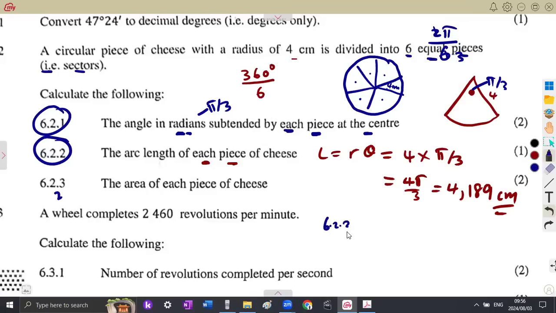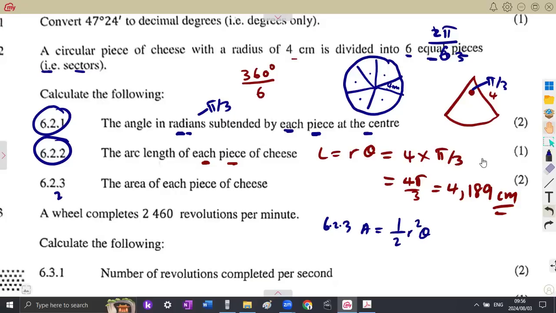6.23, the area. Remember the area of a sector, of each piece, is given as half r squared theta. You are given these formulas, so you need to understand your formulas.